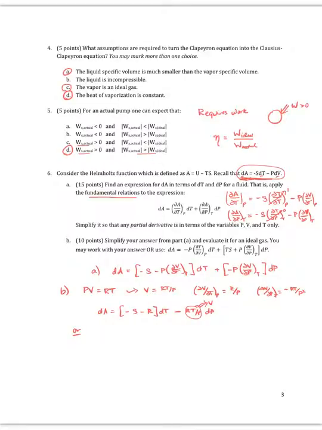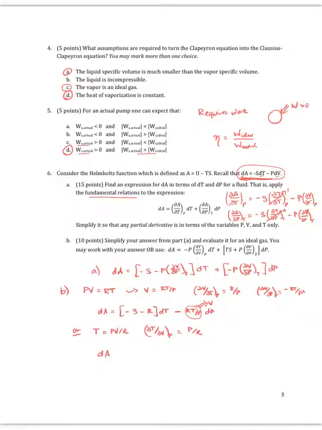Or you could use this version I started with here, where I just kind of randomly put letters together. In that case, T is equal to PV over R, and I need to calculate dT dV at constant P. That's just going to be P over R. And we've already figured out dV dP at constant temperature.